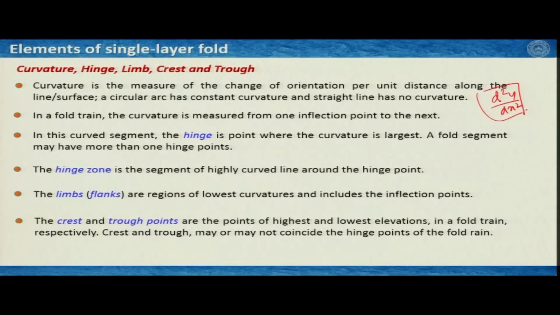Now, if you consider a straight line, then the curvature does not change, because at any segment of this line, the orientation of the line does not change as you proceed along the line. So, within a fold train we can figure out that it changes its curvature from synform to antiform and so on, keeping the inflection point in the middle.